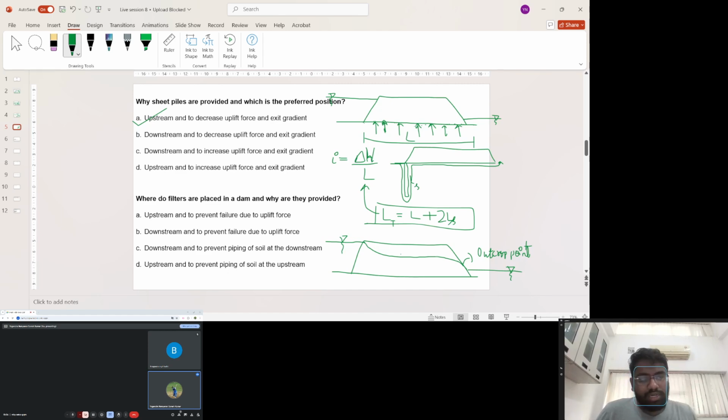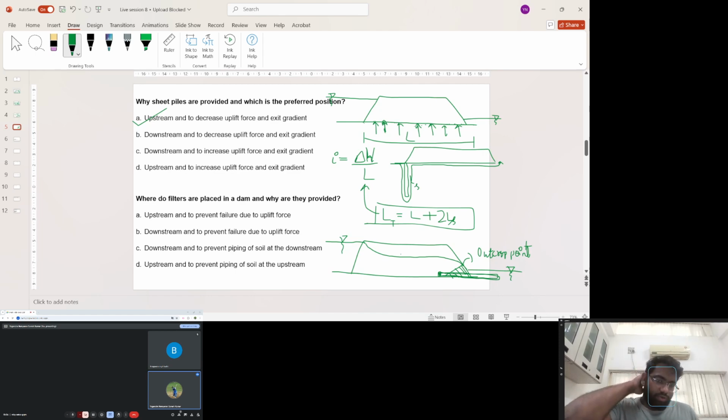For that, what they usually do is provide a filter at the toe of the dam, or this is a rock toe filter, or the filters will be extended into the dam from the downstream end. So that across this filter length, the pressure will be atmospheric.